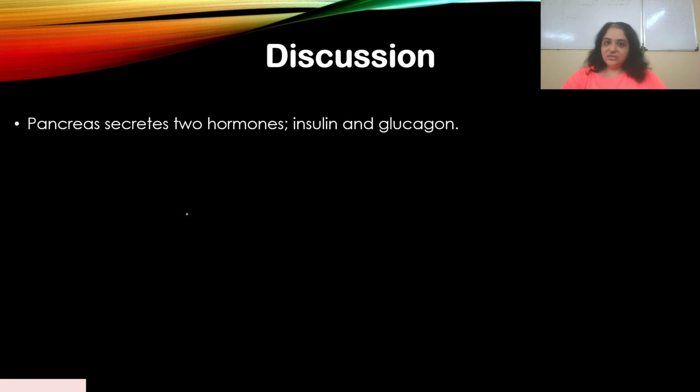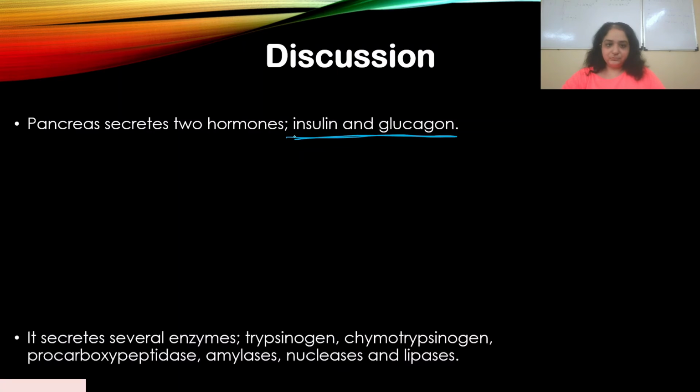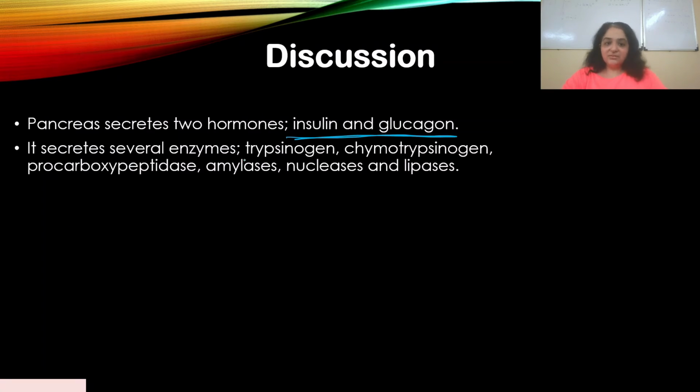So pancreas secretes 2 hormones, insulin and glucagon. Remember this. It secretes several enzymes: trypsinogen, chymotrypsinogen, procarboxypeptidase, and apart from that it secretes amylases, nucleases, and lipases. Please remember this also.